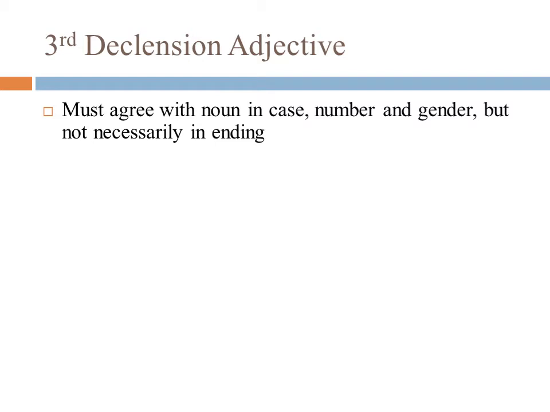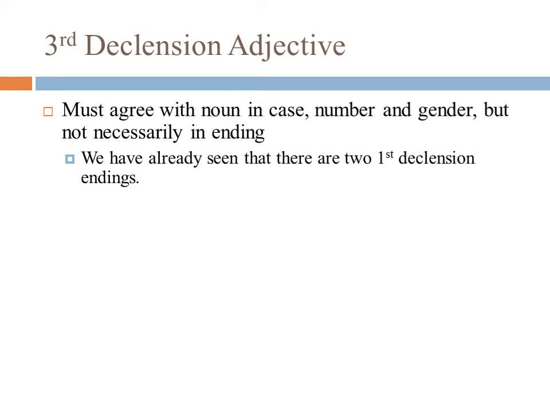And the other way around. If it's a third declension noun and it has a 2-1-2 adjective, that adjective is going to have endings in different forms. However, they will still agree in case, number, and gender, even if they look different.